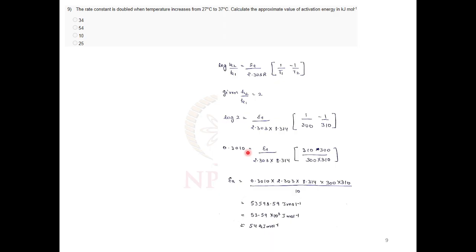Here also they can give different temperatures, even they can give the activation energy, and you need to find the value of the rate constant. So some parameters they will give, and then you need to find out. Otherwise they can give some ratio of rate constants like this. So accordingly you have to approach and answer these questions.